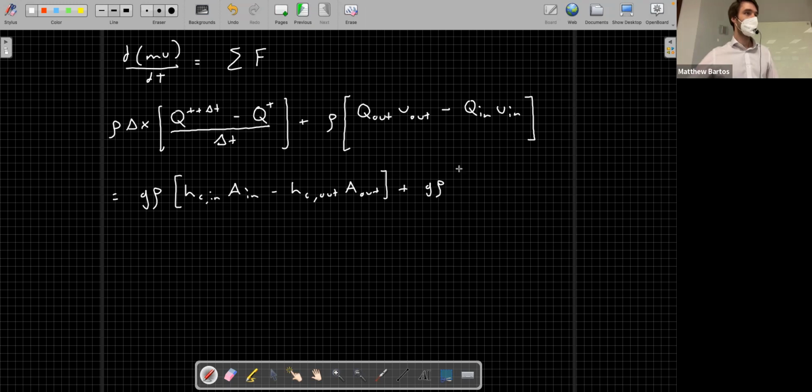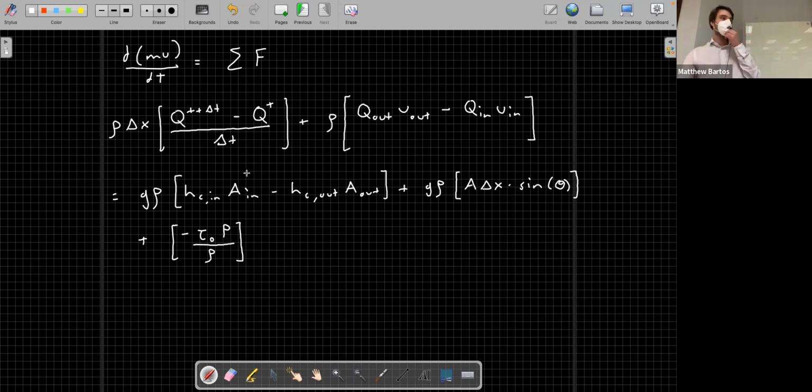So that's going to be g times the density times the cross-sectional area times delta x times sine of theta. Okay, plus our frictional force. And that is written as negative tau times the wetted perimeter divided by the density.